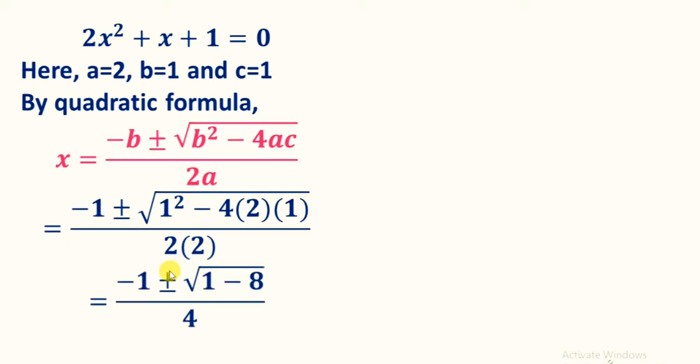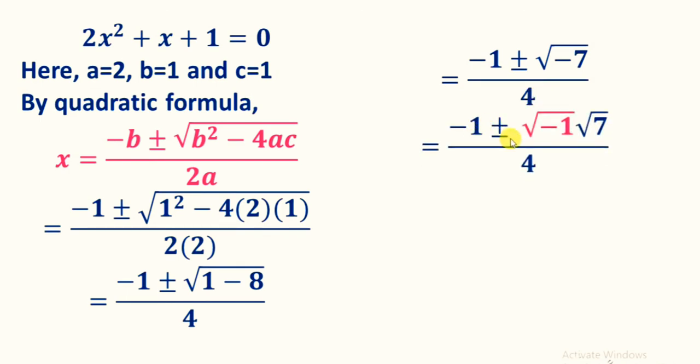That is equal to minus 1 plus or minus square root of 1 squared is 1 minus 4 into 2 into 1 is 8 divided by 2 into 2 is 4, which is equal to minus 1 plus or minus square root of 1 minus 8 is minus 7 divided by 4, which is equal to minus 1 plus or minus square root of minus 7 can be separated as square root of minus 1 into square root of 7 divided by 4, which is equal to minus 1 plus or minus square root of minus 1 is i into root 7 divided by 4.